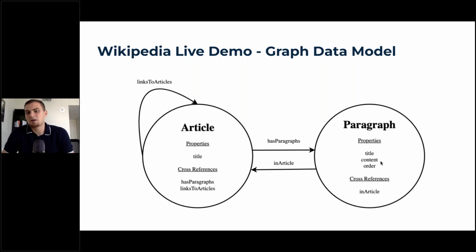It has the actual content like that paragraph we saw earlier about the Miami Heat are an NBA basketball team, and so on. And then we have the order, which is what order that paragraph appears in the article. So you have these named relations, has paragraphs, in article, links to articles, and this presents a pretty interesting interface to me for designing these data schemas and linking data between itself.